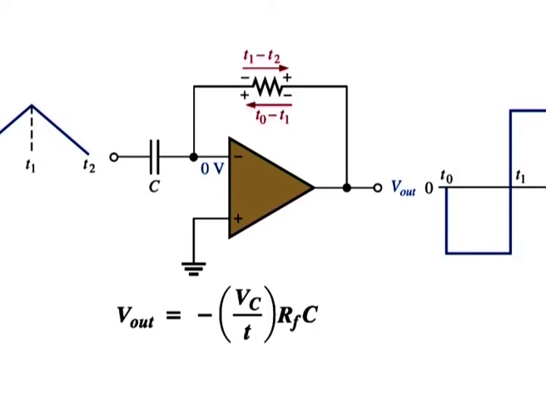If the slope increases, V out increases. If the slope decreases, V out decreases. The output voltage is proportional to the slope or rate of change of the input. The constant of proportionality is the time constant Rf into C.